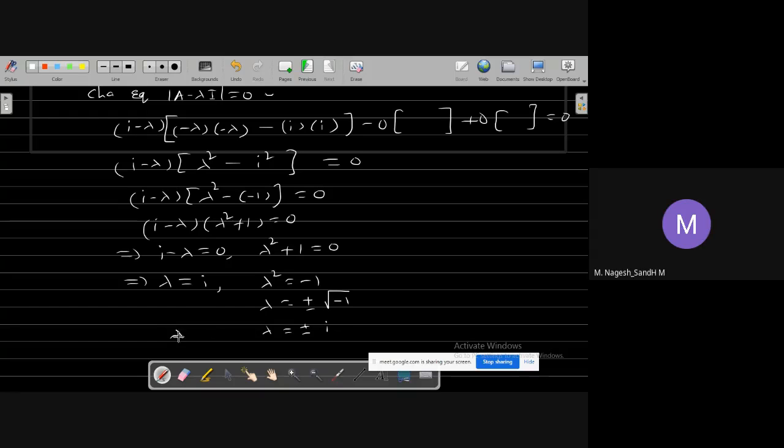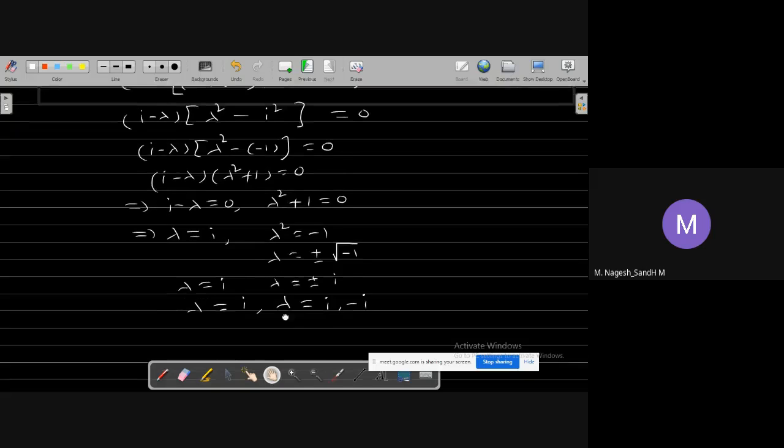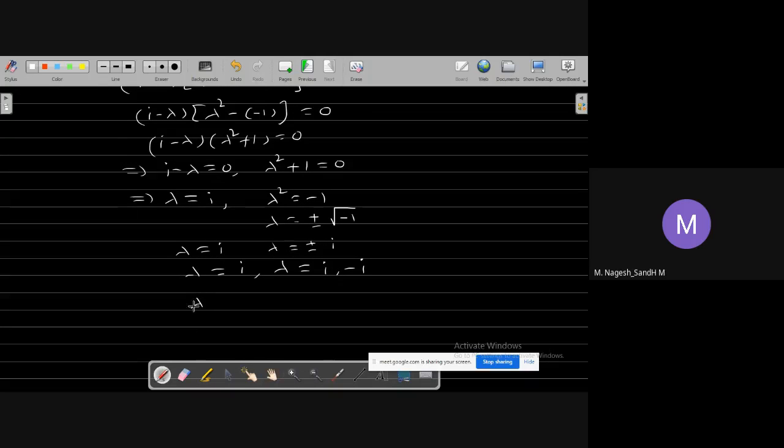So lambda equal to i, plus or minus i. So i is how many times? Two times. Lambda equal to i, minus i. So lambda equal to i is repeating 2 times.